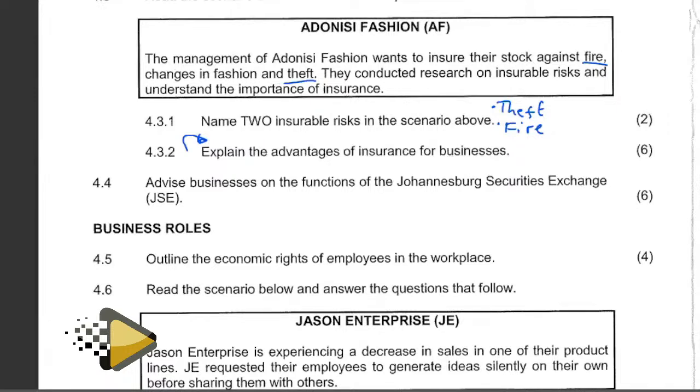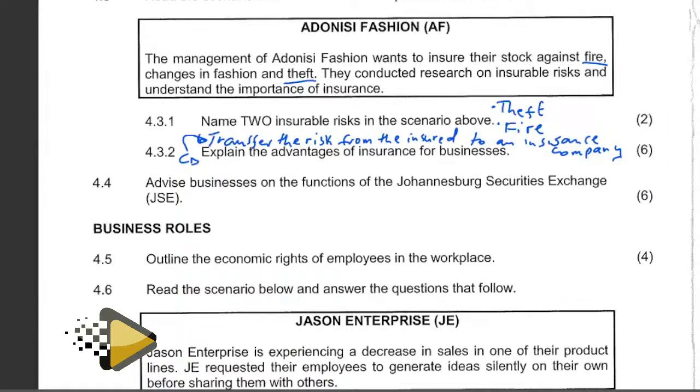Okay, right. So now we're saying that, grade 12, insurance transfers the risk from the insured to an insurance company. Okay, right.